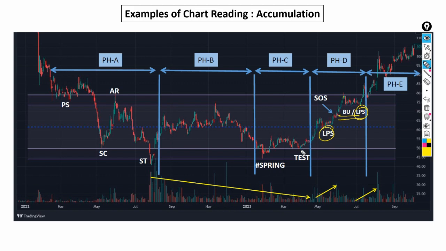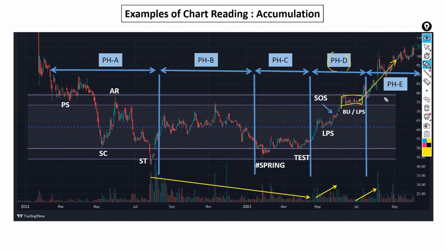So yes, here also we have an LPS, which stands for last point of support. Basically this is the point from which the stock never falls back, the last point where the stock never retraces. SOS is a sign of strength, as I mentioned earlier. This is the backing up action, which is in phase D.